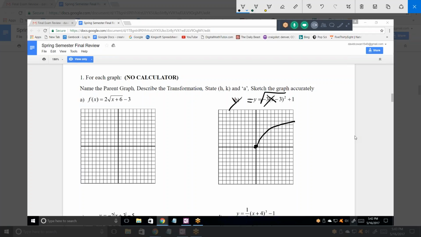So what three things are going on with this transformed function that will allow me to graph it based just on its transformation? Start with the left. What's the 2 do? They want you to describe the transformation, so we need to use all the words.